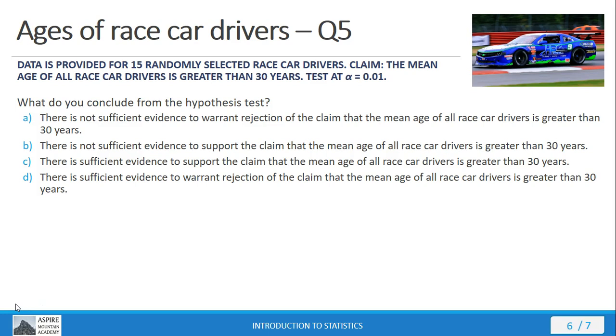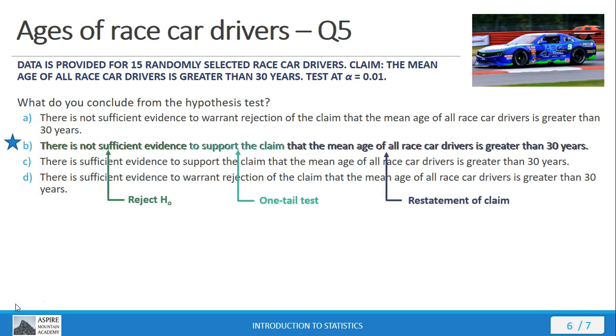We have a one-tailed test, it's a test on the right side of the distribution. So therefore, one-tailed means we're going to support the claim, and therefore the answer option that we want is answer option B. So there's not sufficient evidence because we rejected H0. They support the claim because it's a one-tailed test, and the rest of the statement is just restating the claim.